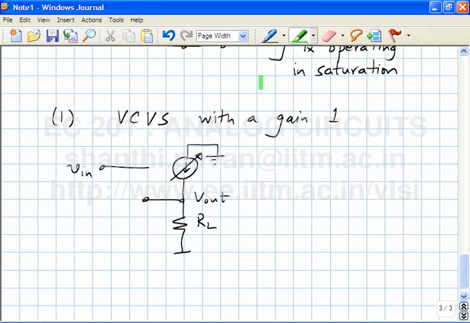In other words, this current source is controlled by the difference between V in and V out, and we identified that this current is some GM times V in minus V out. And we said that if GM tends to infinity, then V in will be exactly equal to V out.